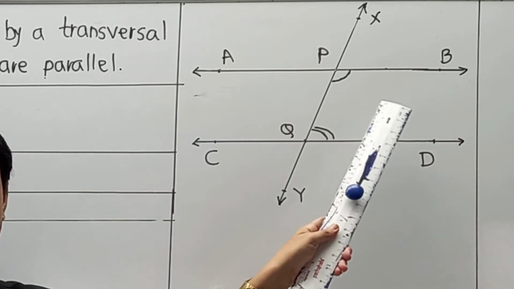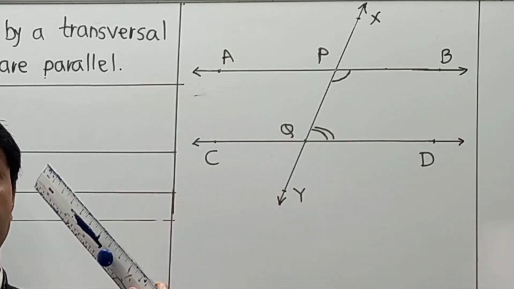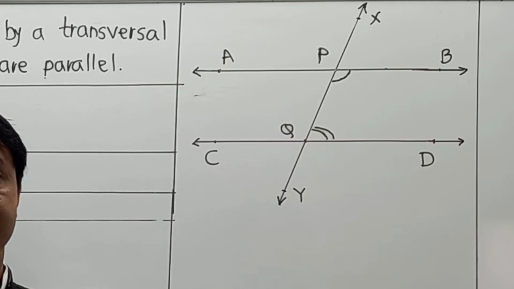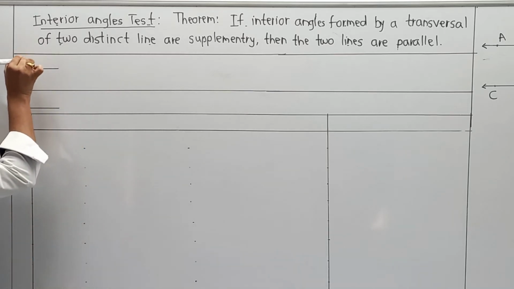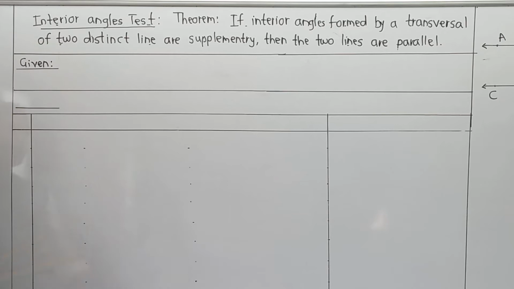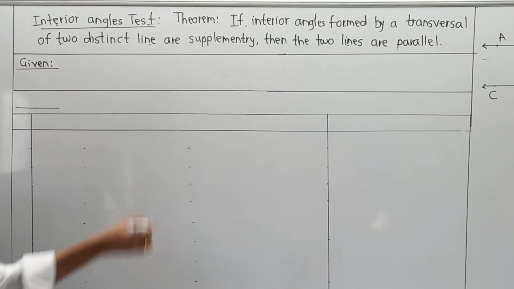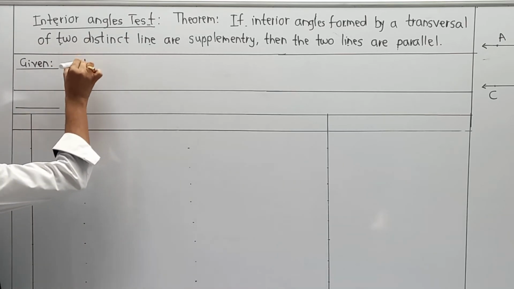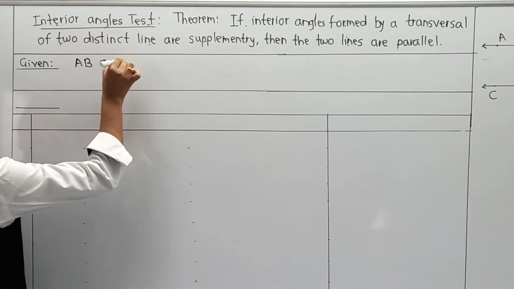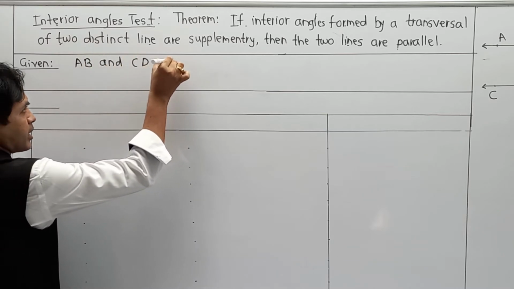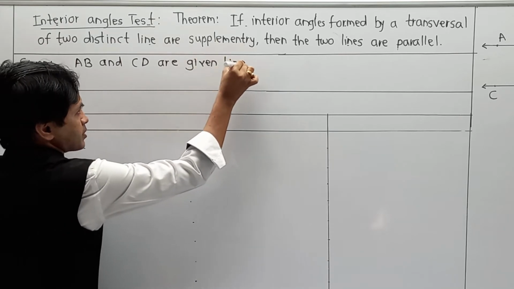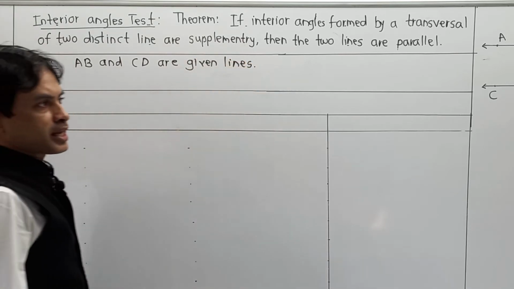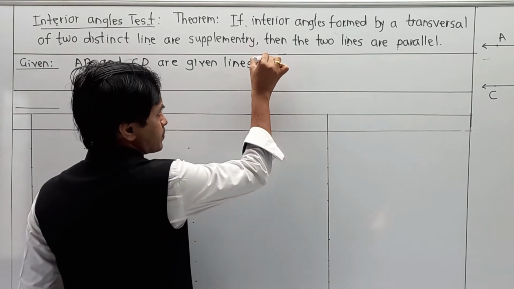So all the parts of the diagram, in terms of given and to prove, I am going to write. First of all I am going to write the given. Given: AB and CD are two lines. So AB and CD are the given lines. Next, line XY is a transversal.